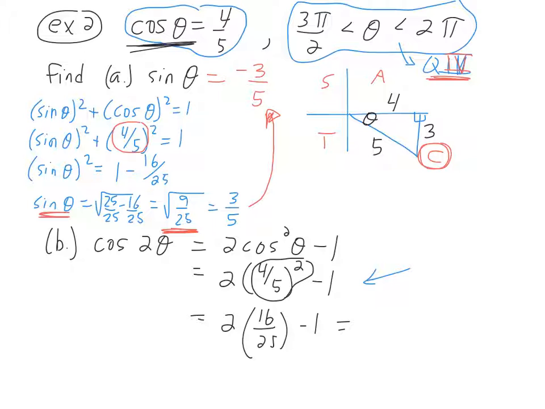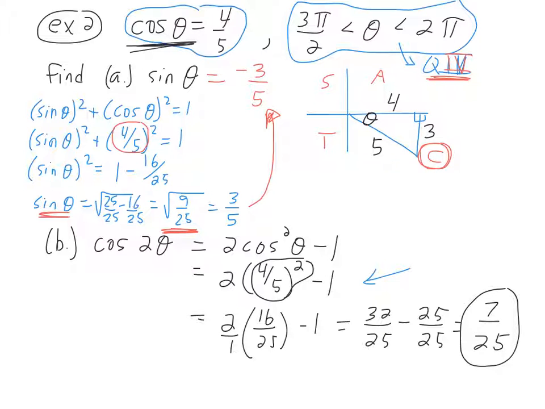When you do 2 times this 16 over 25, I can't tell you how many people are tempted to turn this into 32 over 50. Only the 16 gets multiplied by 2. So it's going to be 32 over 25 minus 1, and 1 is really 25 over 25. So you're simply getting a common denominator like that, and then we're going to get 7 over 25 for our final answer.